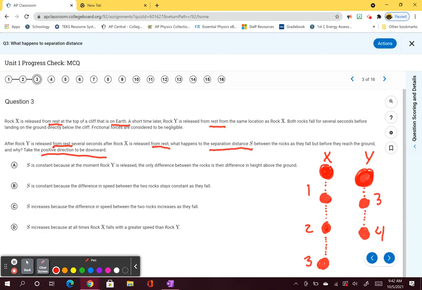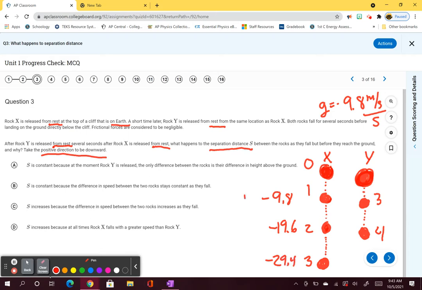And since we're on Earth and the gravity is negative 9.8 meters per second, right? If we're at 0 up here, velocity 0, then our velocities end up going to be negative 9.8, and negative 19.6, and negative 29.4.